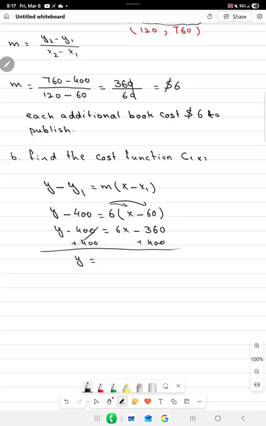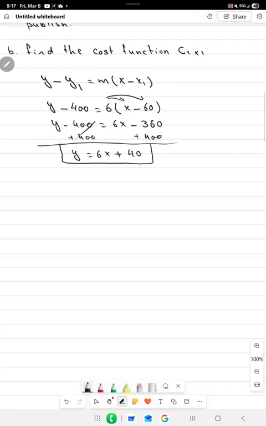Then y equals 6x plus 400 minus 360, which gives you 40. This will be the equation for the publishing line, because we see this equation as a cost function. Then I can rewrite, just replace y with C of x. C of x equals 6x plus 40.